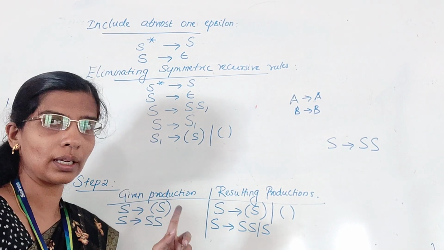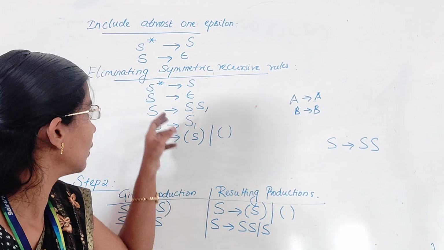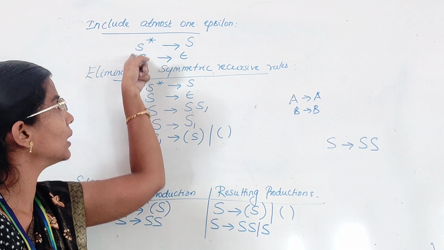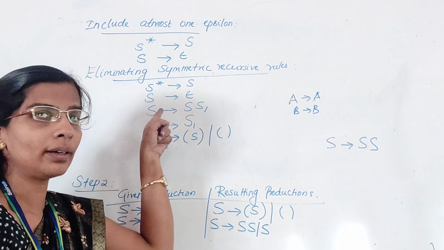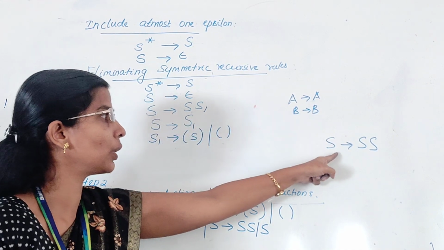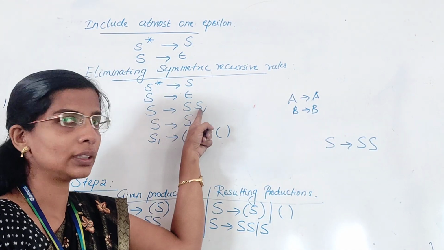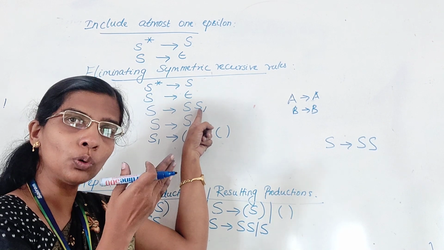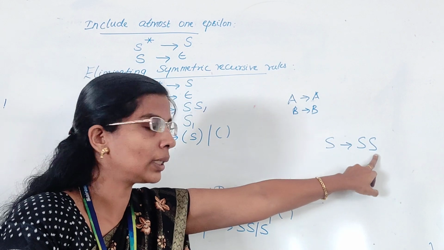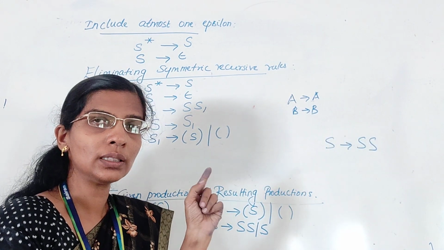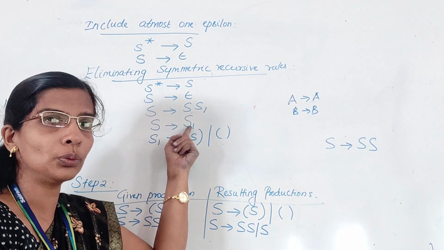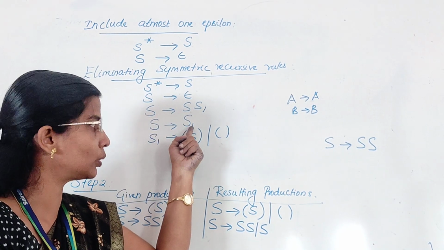I'll tell once again how I have been eliminating symmetric recursive rule. First write this at most 1 epsilon, and write the production that has symmetric recursion. I have written this production, S tends to SS, and to the rightmost non-terminal give a new name. So the rightmost non-terminal is S. To this S, you have given a new name S1, so write this rule also.